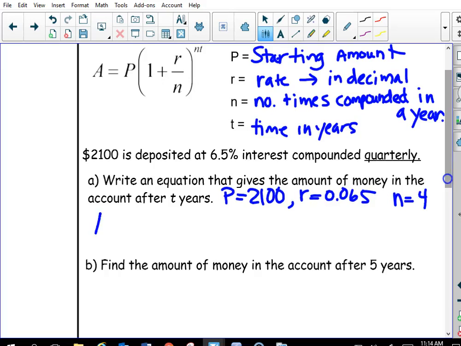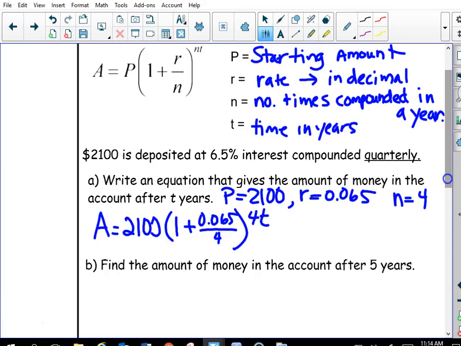Plug that in. And calculate. We got nt, so 4 times t.